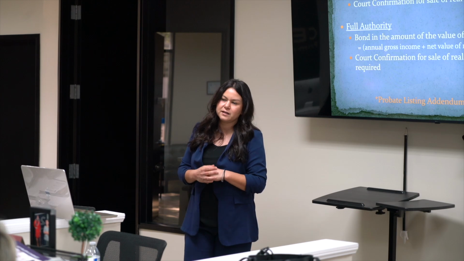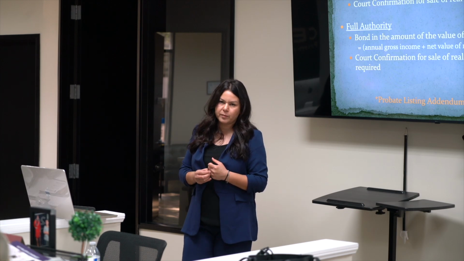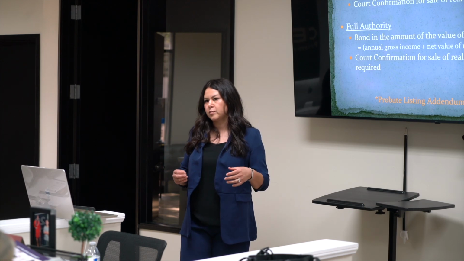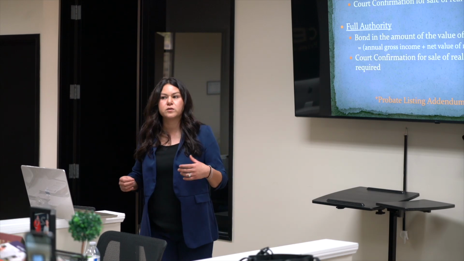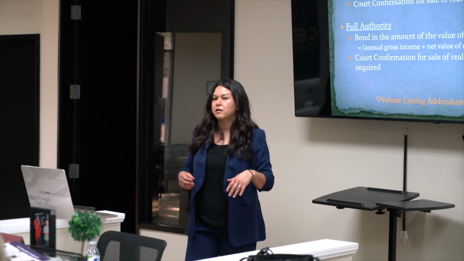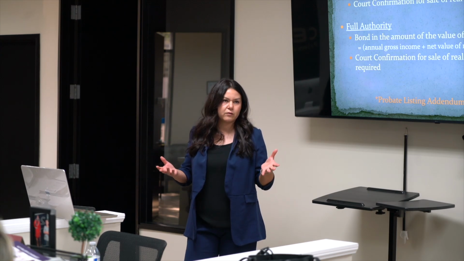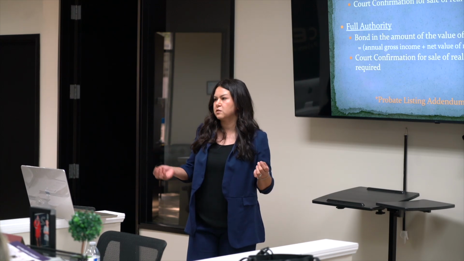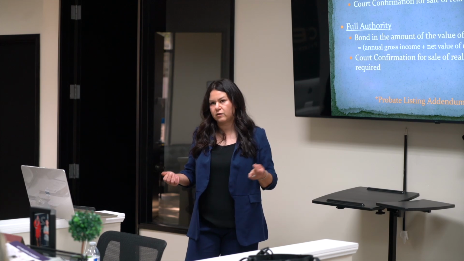All that's done is when it's time to sell a property, the attorney for the personal representative or the personal representative will send out what we call a notice of proposed action. And all it is saying, hey, we found a buyer for this property. These are the material terms of the sale.